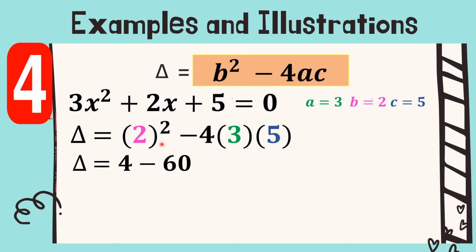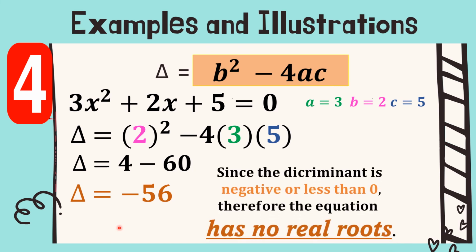So, 2 squared is equal to 4, and then negative 4 times 3 is negative 12. Negative 12 times 5 is negative 60. Simplify 4 minus 60, so that is negative 56. Since the discriminant value is less than 0, or it is a negative number, then the equation has no real roots.